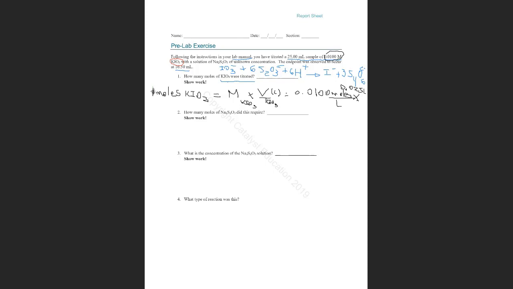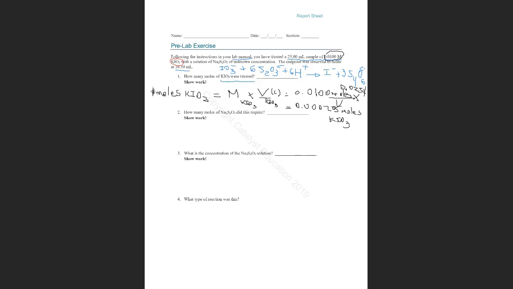Liters and liters cancel, and the number of moles equals 0.01 multiplied by 0.025. So my answer for how many moles equals 0.00025 moles of potassium iodate.